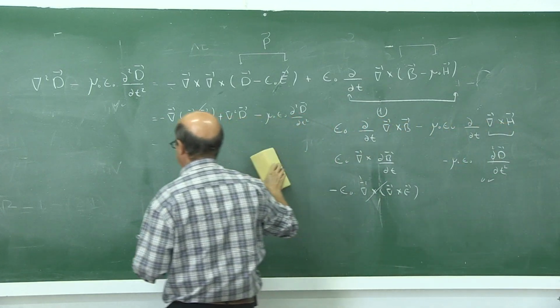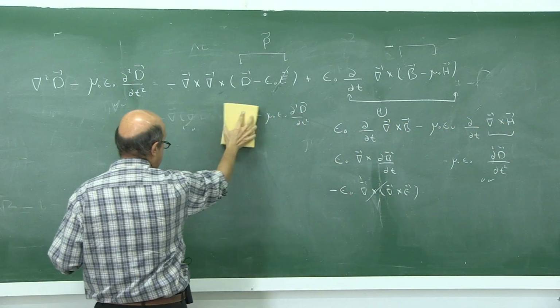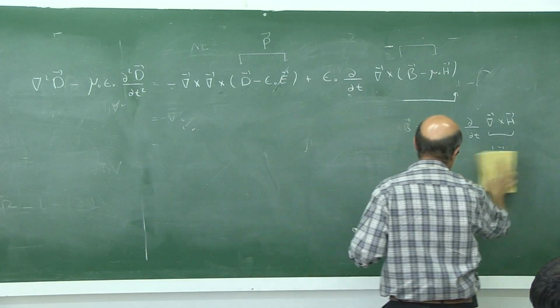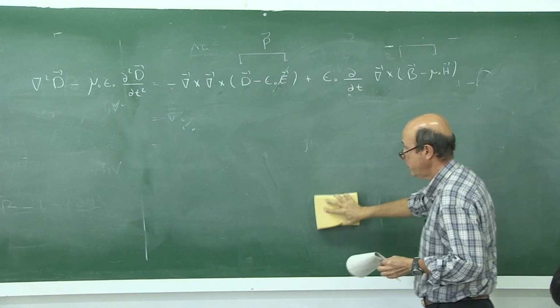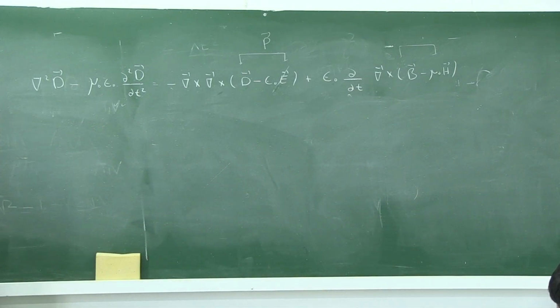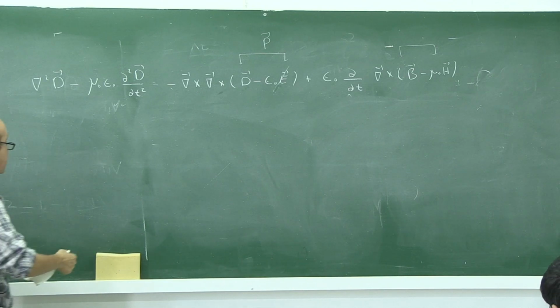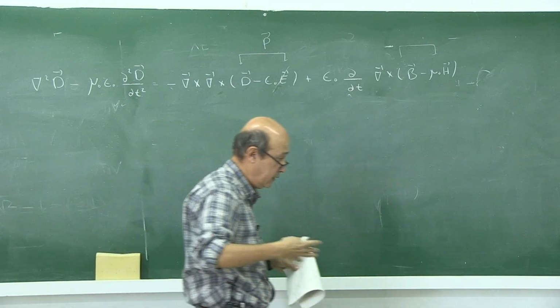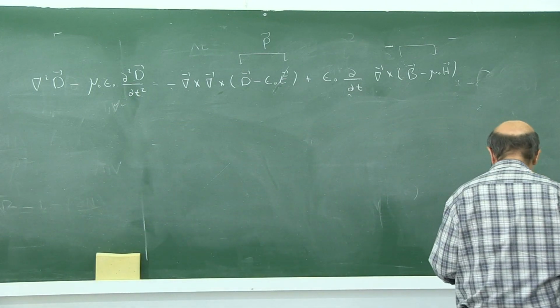Now, the next thing, how can we solve this? We can solve this very easily because we know the solution of the non-homogeneous wave equation. So let us write the appropriate form of the del over del t and del square over del t square. You know this.